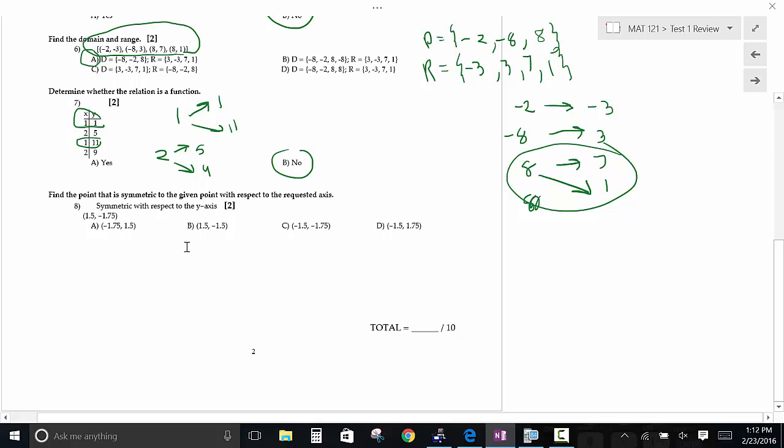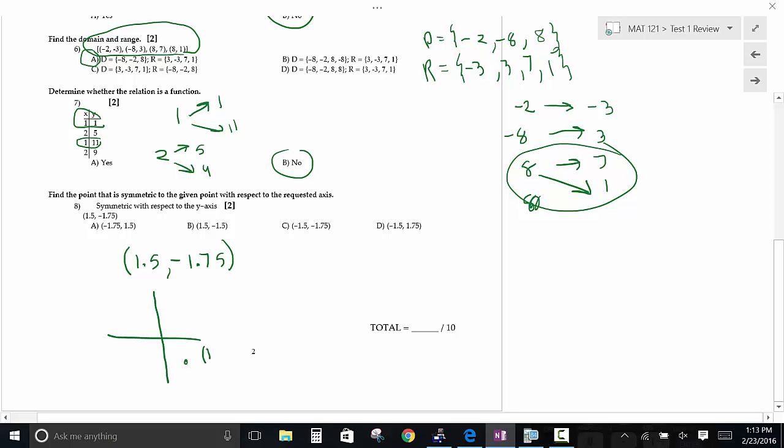Okay, all right, here's a question. I'm giving you the point 1.5 and negative 1.75. We're going to find a point that's symmetric about the y-axis. So here's kind of the idea. I'm just going to roughly plot this point.